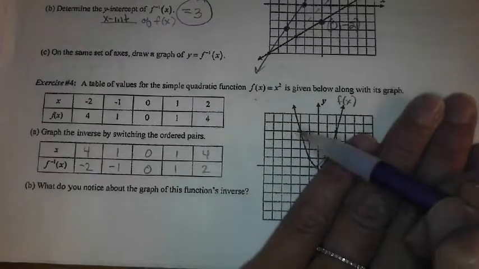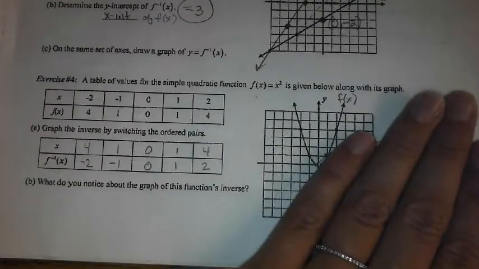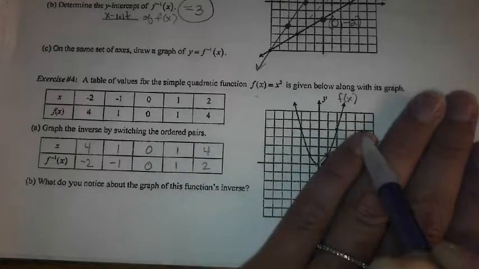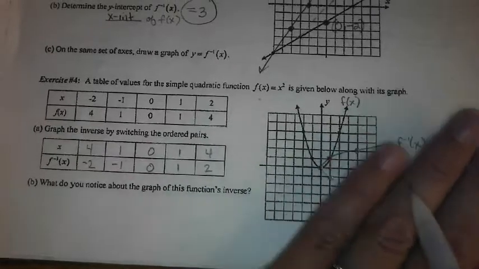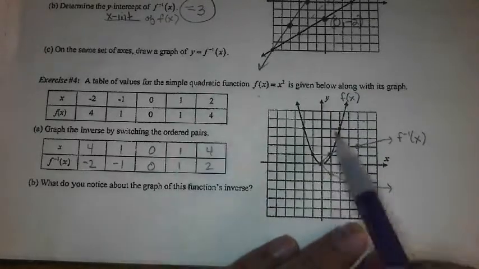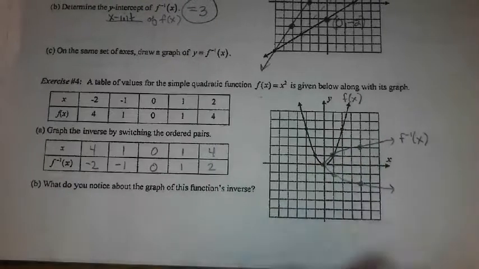So that should make sense. Think about your flip-flopping x's and y's again. If something fails the horizontal line test originally, then when you do that inverse, it's now going to fail the vertical, right? If it originally fails the horizontal, now it will fail the vertical.